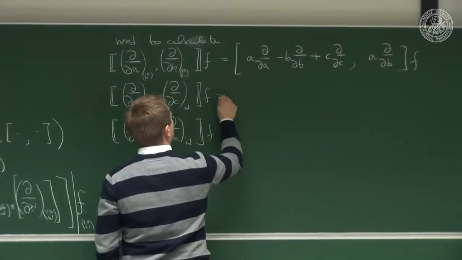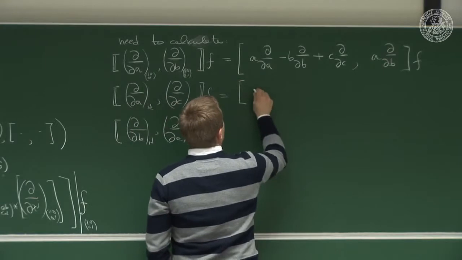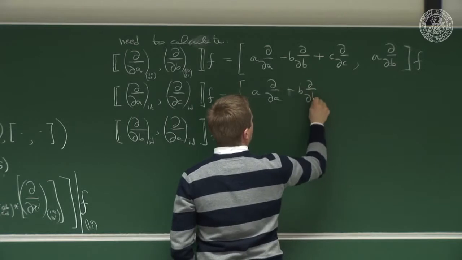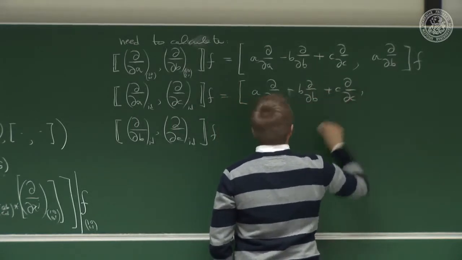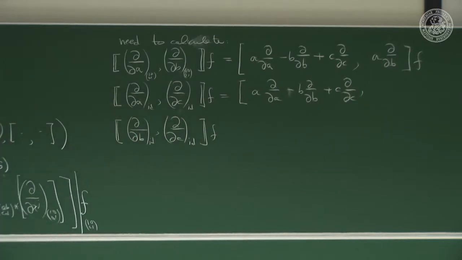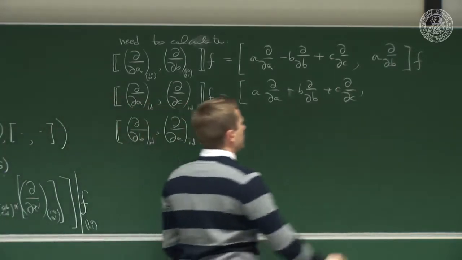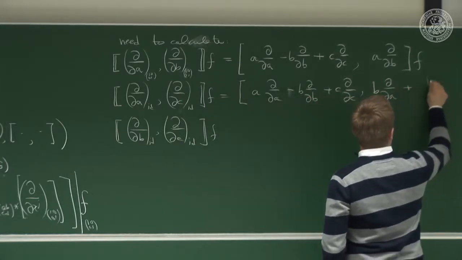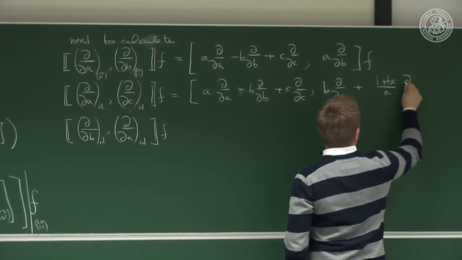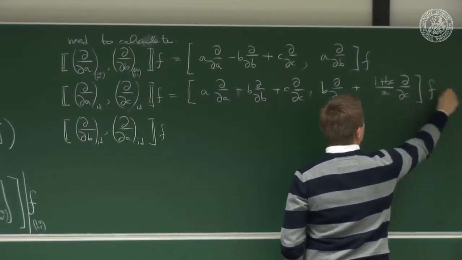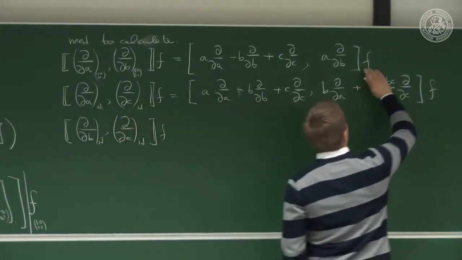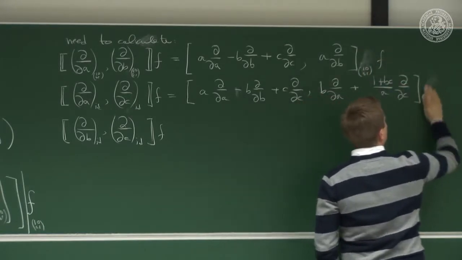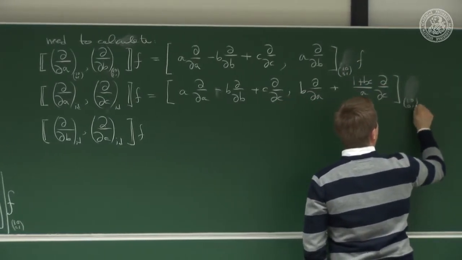So let's first write down all the brackets. So this is again the A vector field: d by dA minus B d by dB plus C d by dC, but now acting on the third, and that's B d by dA plus (1 plus BC over A) d by dC, close differential geometric Lie bracket, acting on f, and as we said, we want to evaluate this bracket at the identity before we let it act on the function.